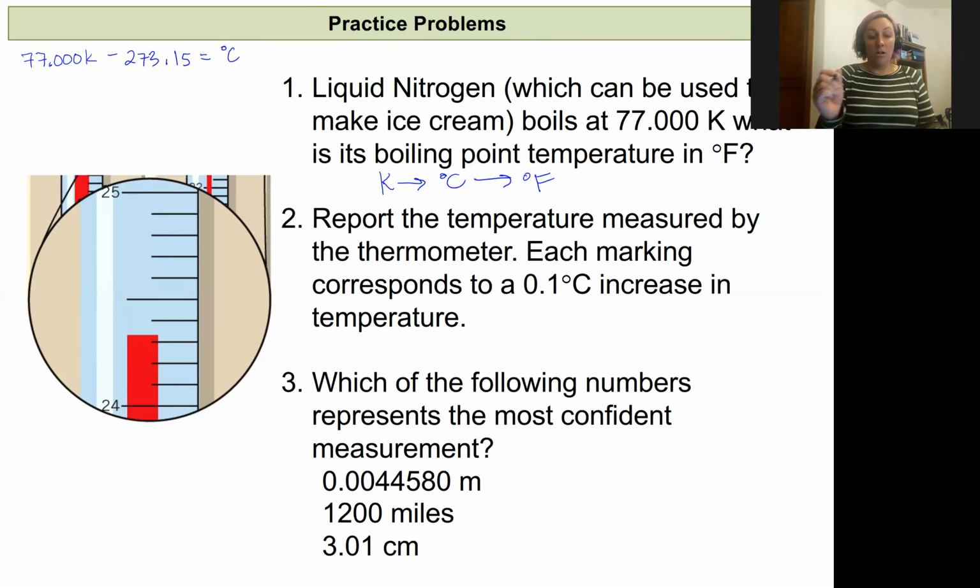Now, I'm going to note that this 273.15 is part of a conversion, so this is an exact number. And my 77.000 is a measurement, so this will be inexact. So it's the one that I care about the significant figures on. And I have 5 significant figures, and I have 3 decimal places.